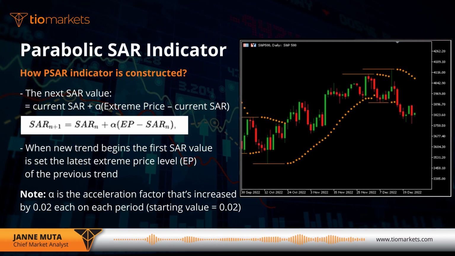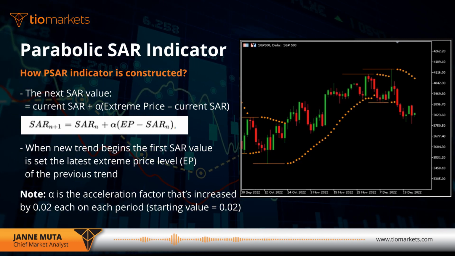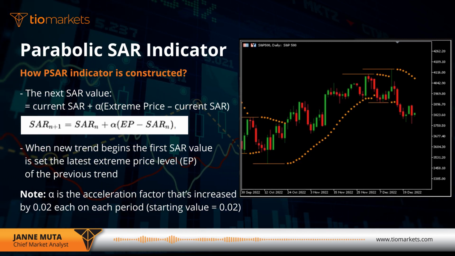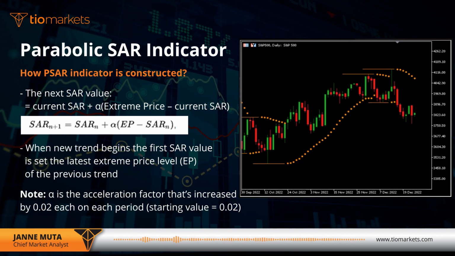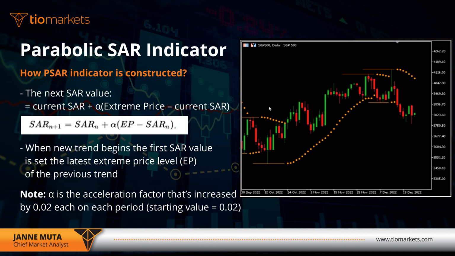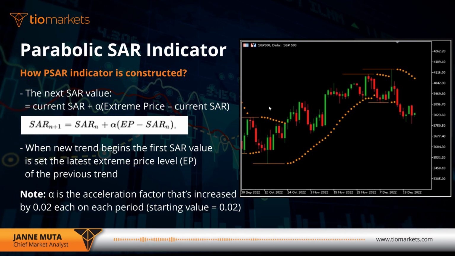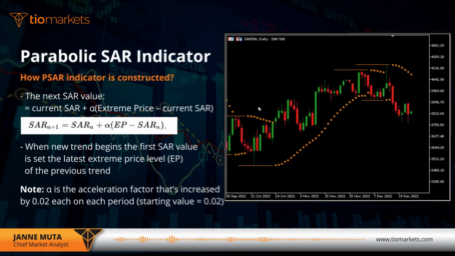So if you're looking at an hourly chart, we add 0.02 every hour. If we're looking at the daily chart like here, then at every new candle 0.02 is added to the acceleration factor.